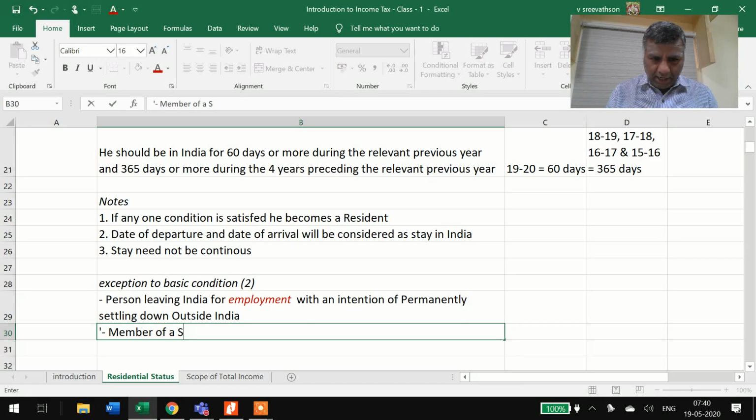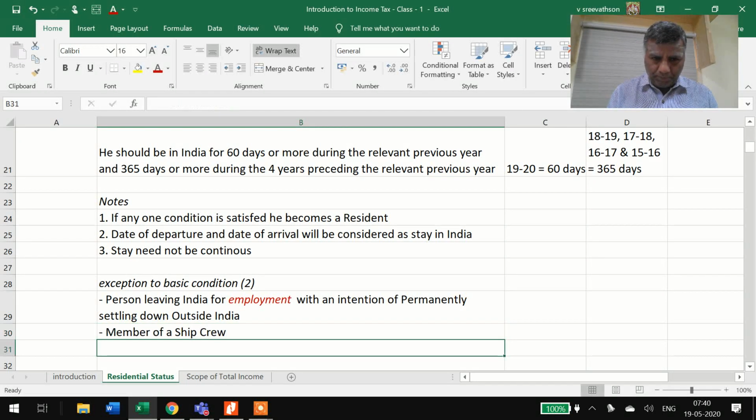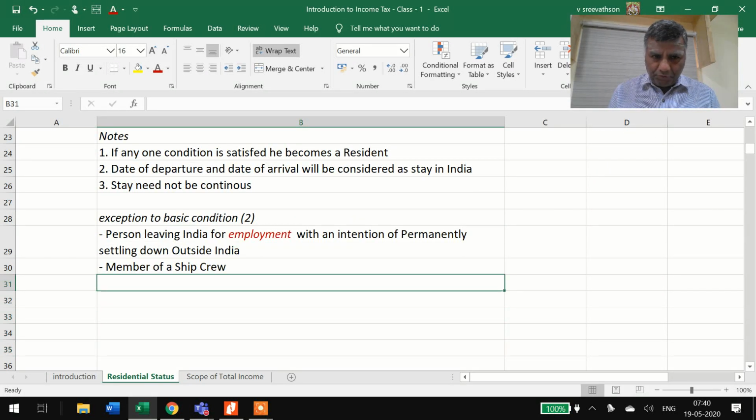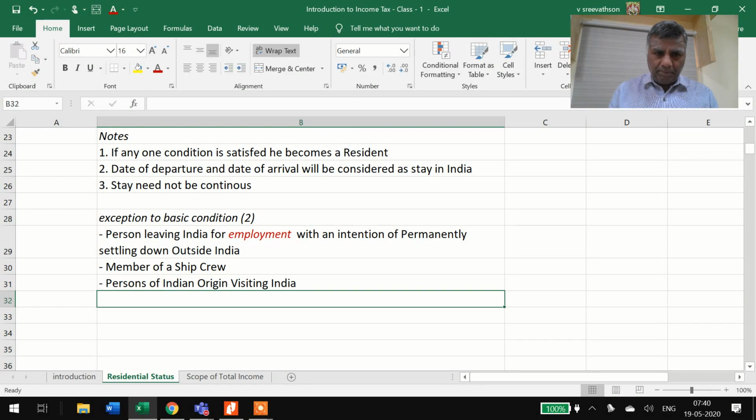Member of a ship crew, persons of Indian origin visiting India.